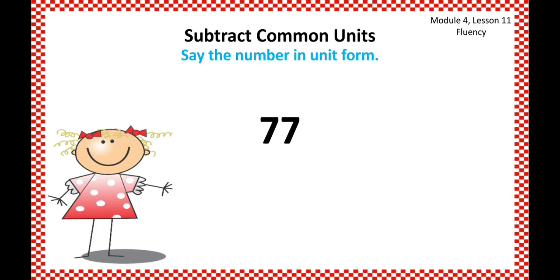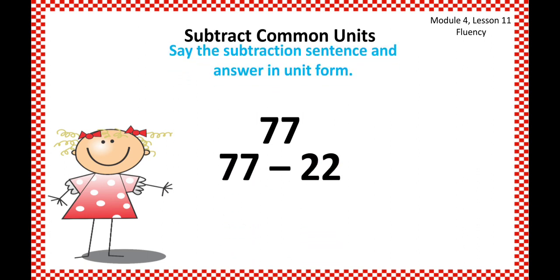Subtract common unit. Say the number in unit form. Alright, 77 in unit form is 7 tens and 7 ones. Now let's say the subtraction sentence and answer in unit form. 77 minus 22 is 55.